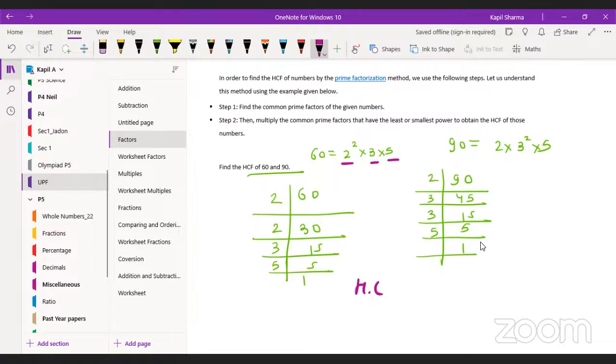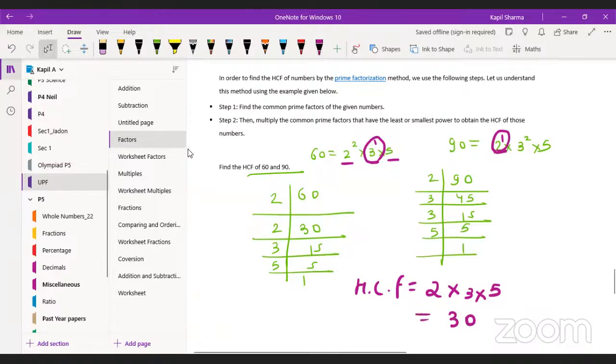So HCF is: power of 2 here is 2, here it is 1, so we take this one, 2. Then 3: power of 3 here is 1, here it is 2, so we take this 3. Finally, power of 5 is 1 in both the numbers, so simply 5. So the HCF is 30.